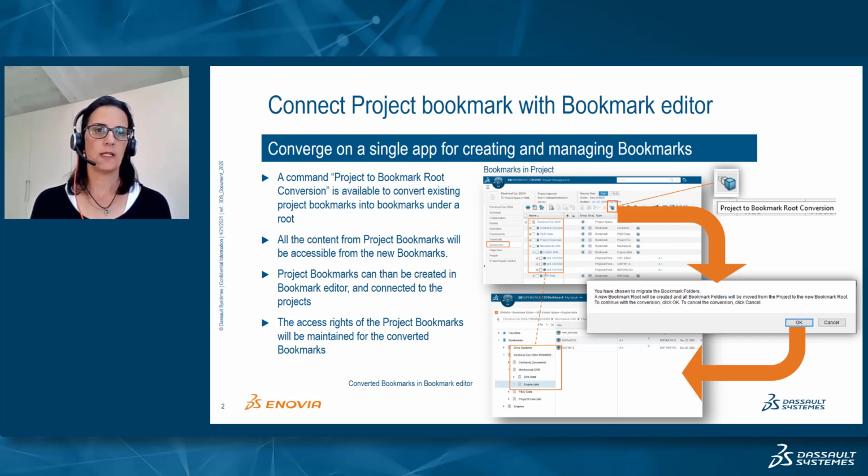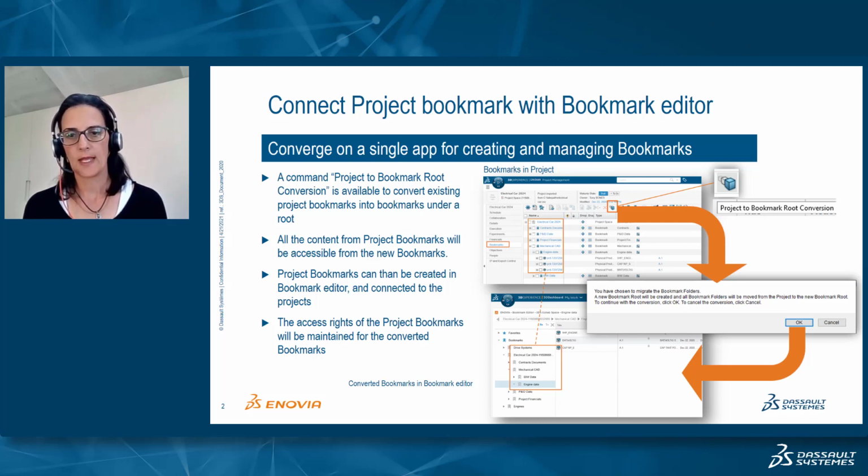And the aim actually is to converge on a single application for creating and managing bookmarks. So the first step taken is to allow project bookmark to be connected and synchronized with bookmark editor.